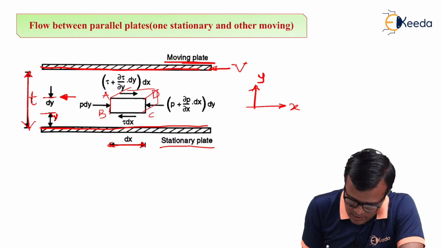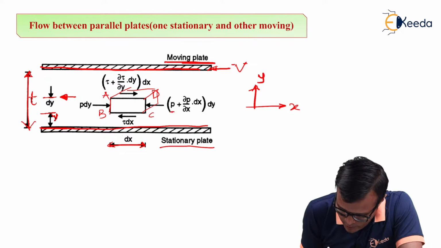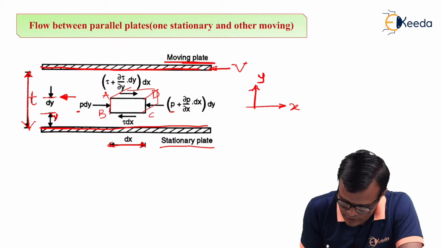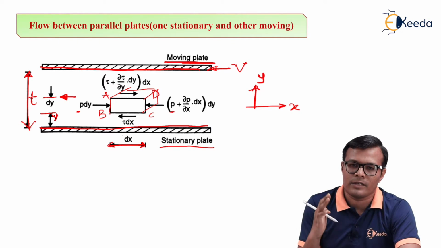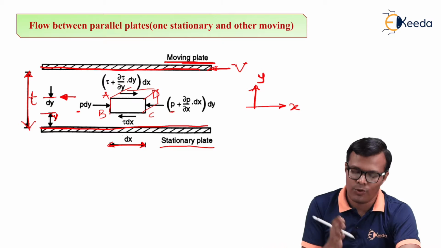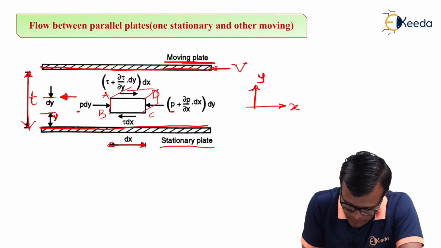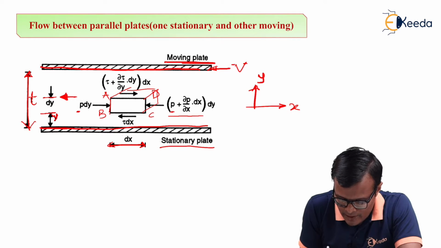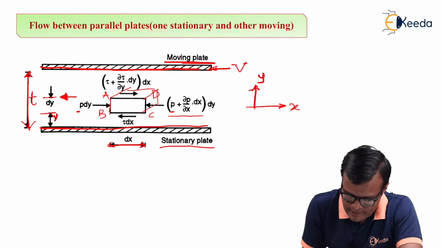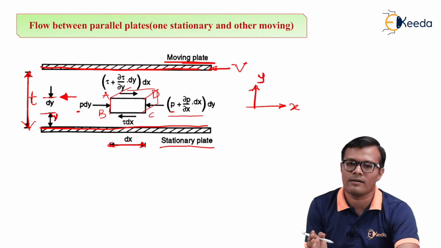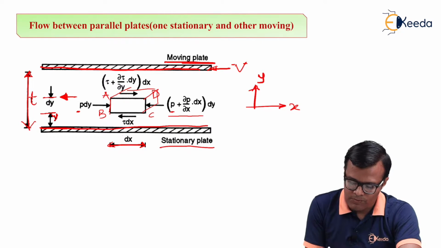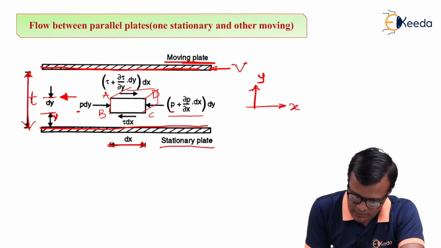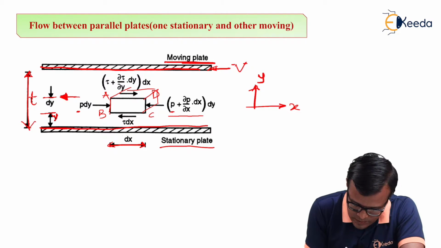First, if this pressure value is larger when compared with this pressure value, then it is clear that there is a flow from higher pressure to lower pressure. So when flow is from this direction, this higher pressure is P plus ∂P/∂x into dx, where ∂P/∂x is nothing but the pressure gradient. So a larger pressure gradient shows that flow is from this direction.